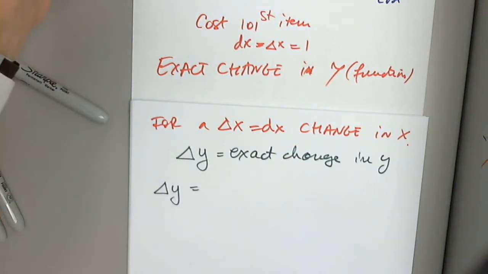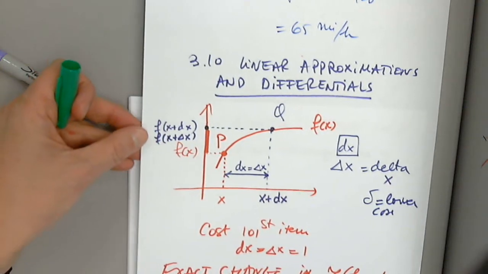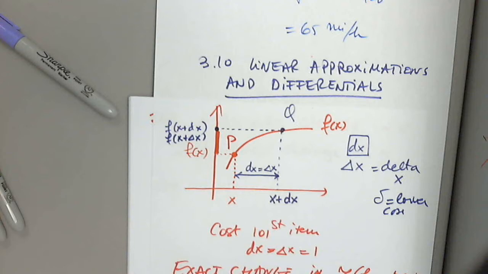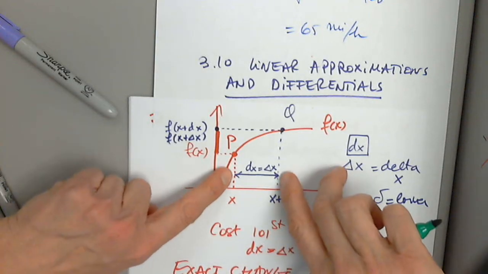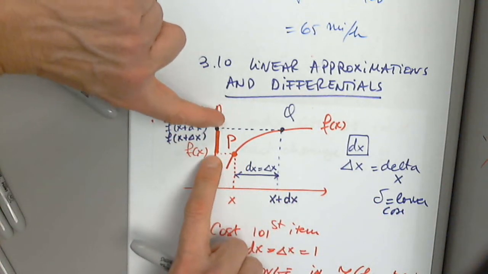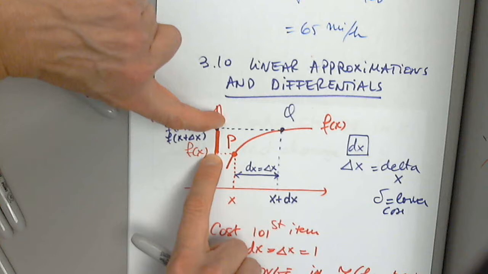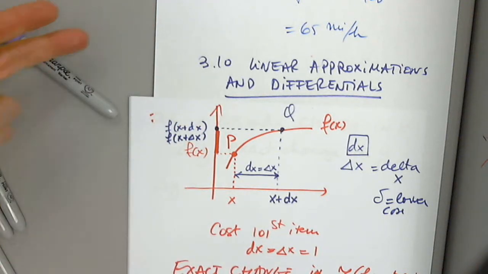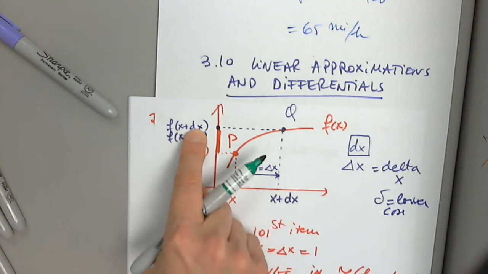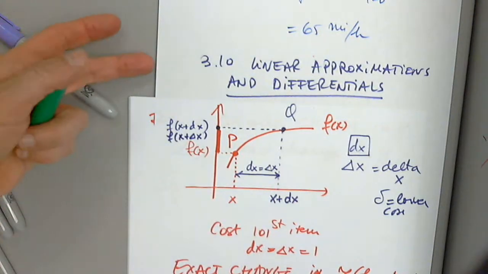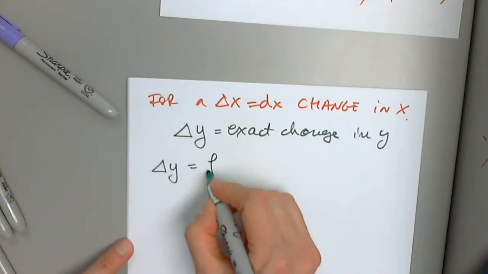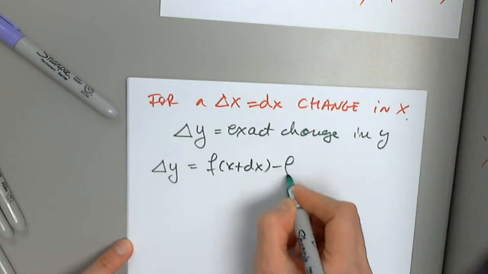So let's go back to the graph. Can anyone say it's this, and give me a formula to write? So this change in x triggers this change in y. Delta y. Yes, x plus dx minus f of x. Excellent. That's what it is. So it's f of x plus dx minus f of x.